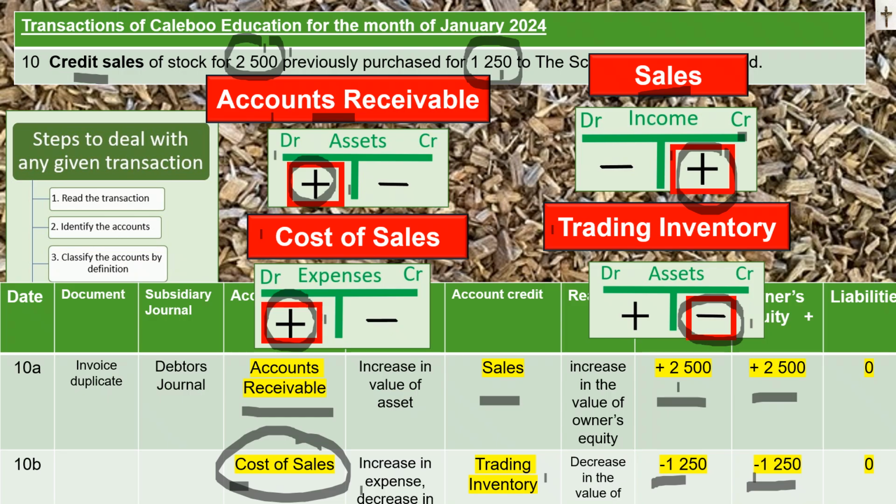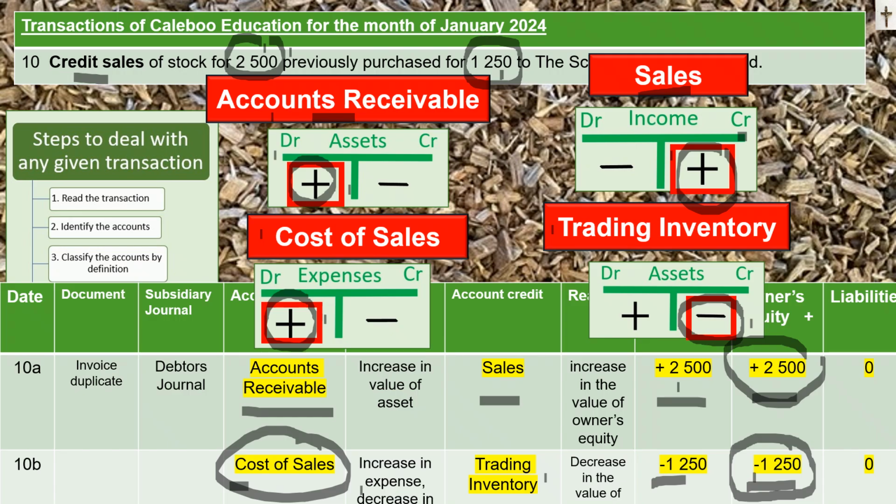So now, I've mentioned this before, we can say the sales amount minus the cost of sales amount will give you the gross profit for this one transaction.